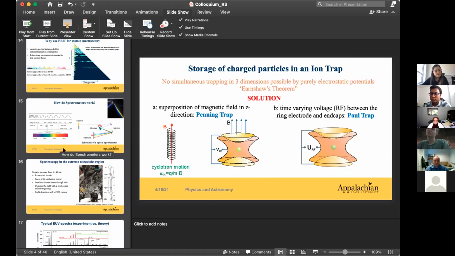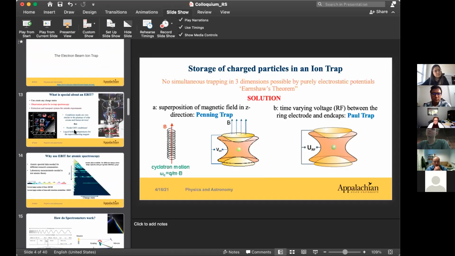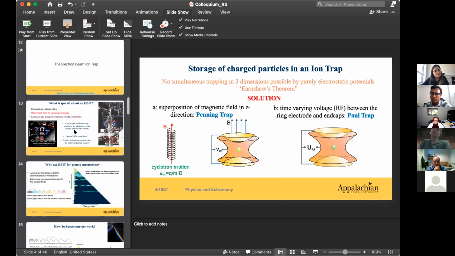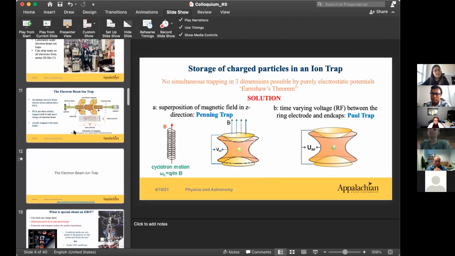And for this electron beam, how many electrons can you remove from the atom? As long as your electron beam kinetic energy is large enough, in the 50 kilo electron volt range, you can basically create pretty much any charge state.